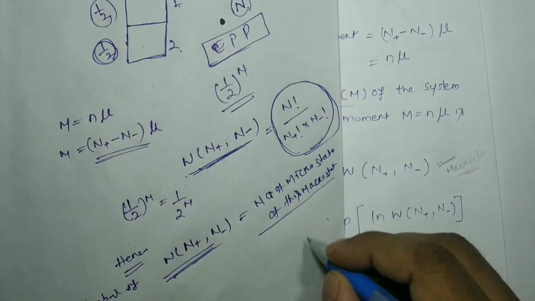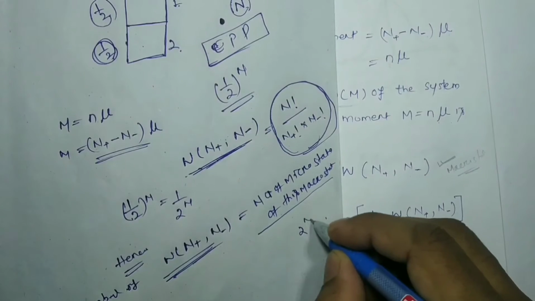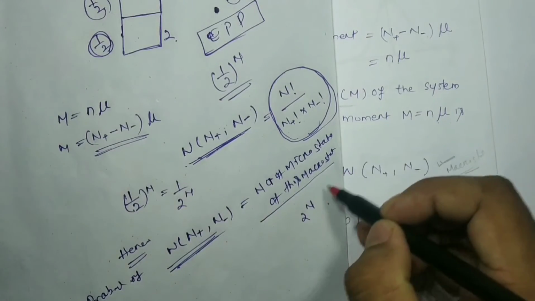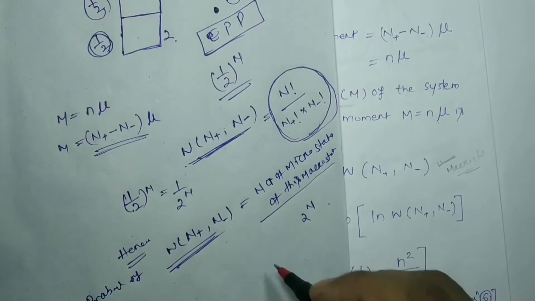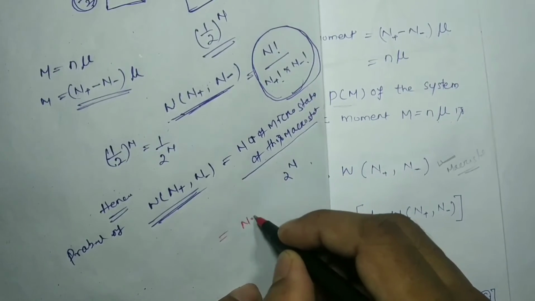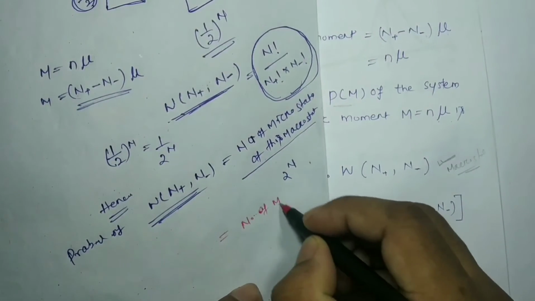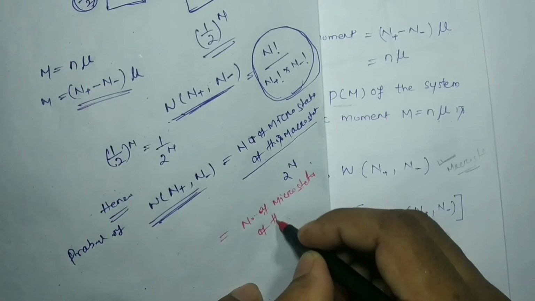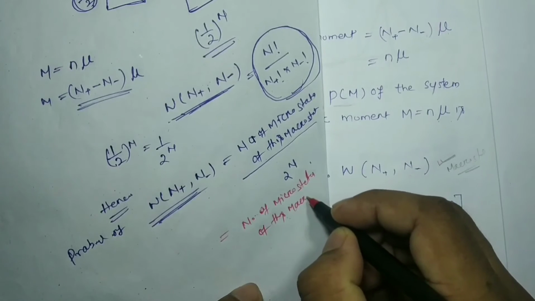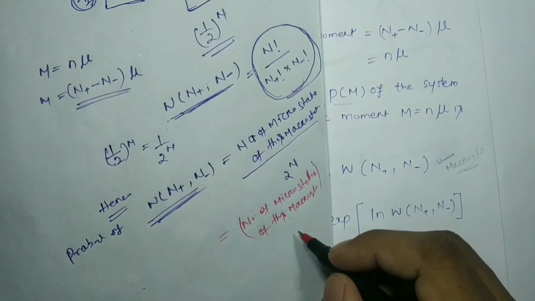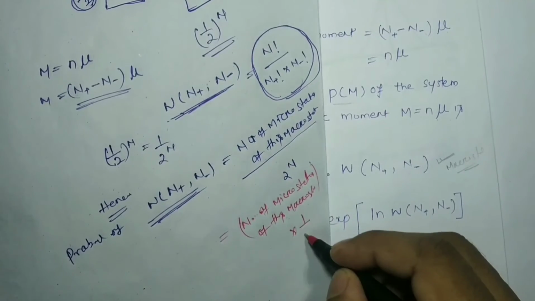Total number of arrangements is 2 to the power N, or we can write the number of microstates of this macro state into the total probability, that is into 1 by 2 to the power N.